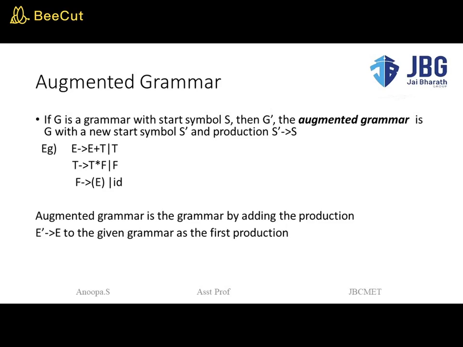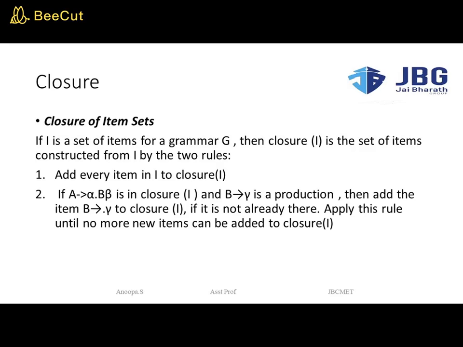Next is the LR(0) automaton. We have seen finite automata, so we can look at what an LR(0) automaton is. A collection of sets of LR(0) items is called the canonical LR(0) collection, and it provides a basis for constructing a DFA that is used to make parsing decisions.